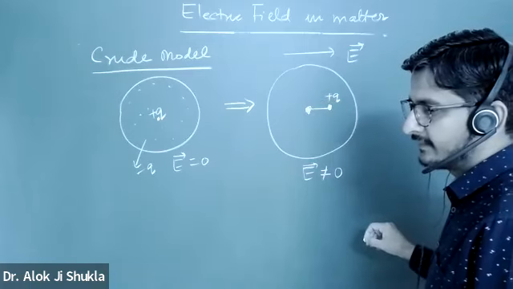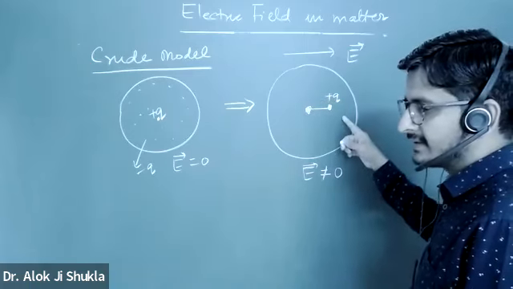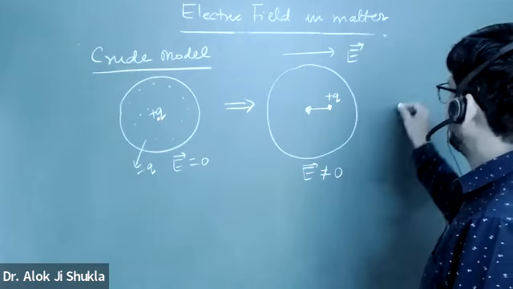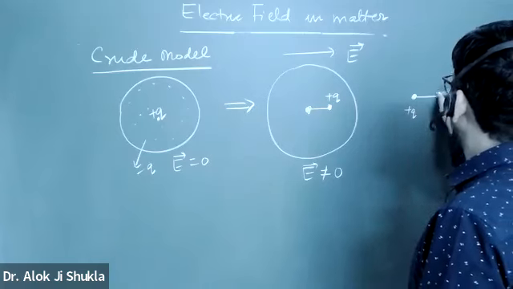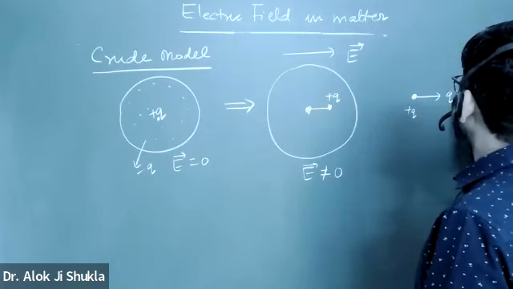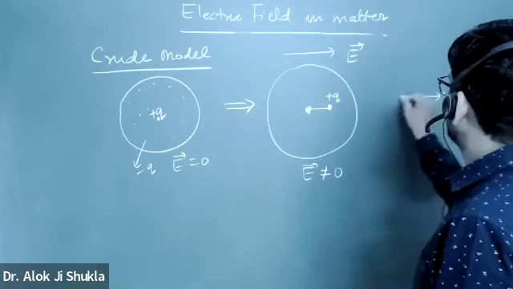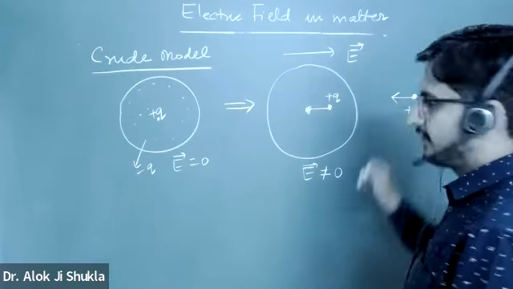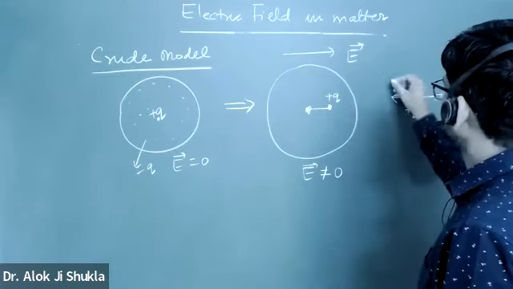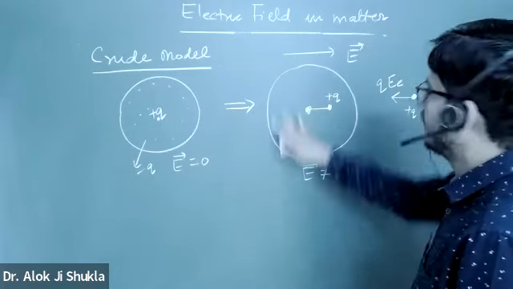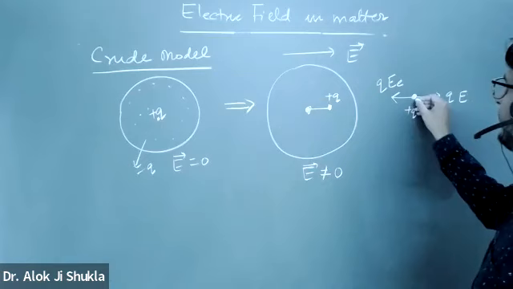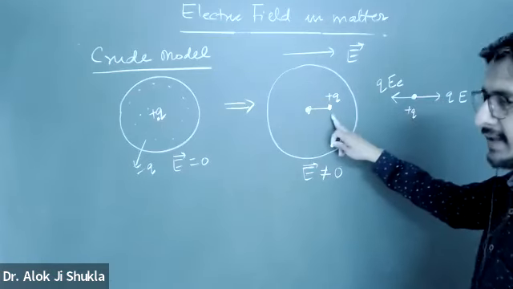Can you imagine that? And when both balance, if you see the plus Q charge, it will be feeling a force in this direction, QE, and at the same time, it will feel a force due to the electrons, due to the electron cloud. And when they balance, it will be at equilibrium.